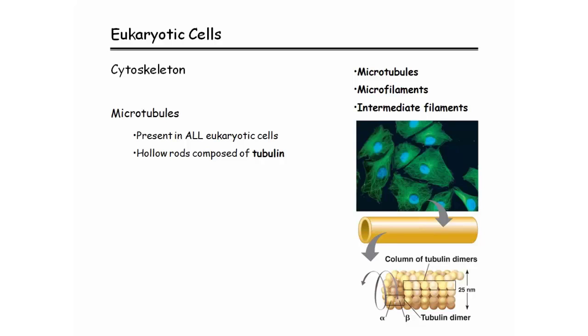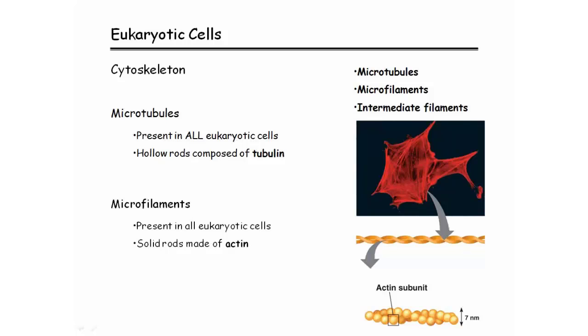These are found in all eukaryotic cells, and these are hollow tubes or hollow rods, and their name comes from the fact that they're made up of tubulin. Now we'll see quite a lot of microtubules in chapters 12 and 13 when we talk about the process of mitosis and meiosis. These are going to have a major role in moving chromosomes inside the cell when cells are getting ready to divide. So we will come back to them certainly at that point.